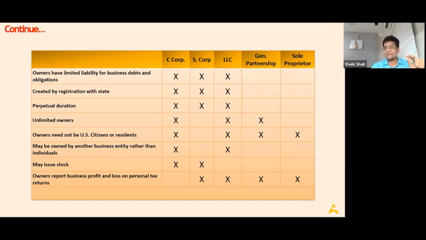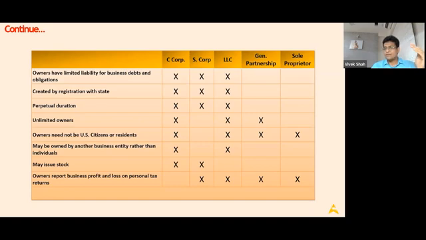So yes, this applies to us, and we can create the C corporation. You can see that for the S corporation, that option is not available. Again, for the LLC, that option is available, and it may be owned by another business entity, may issue stock, owner report. The last point is very important: how the taxation will work. So a C corp is similar to a private limited.